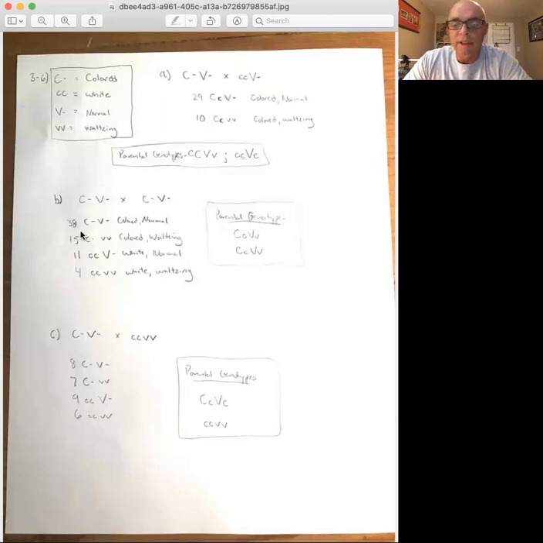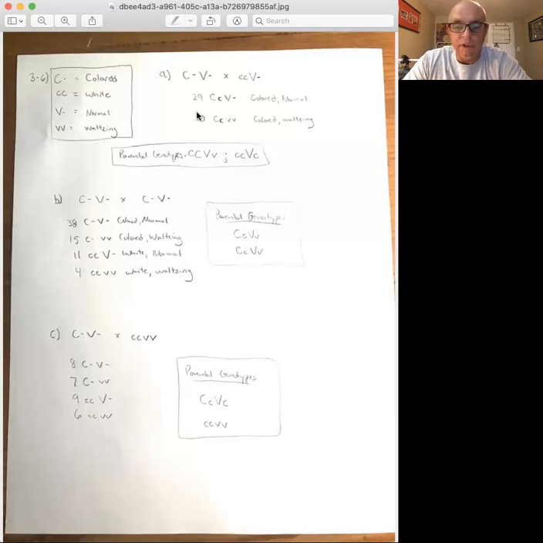What's more is in the numbers, you saw it up here too, but you also see it down here. This is essentially a 9:3:3:1 ratio. A 9:3:3:1 ratio results from a dihybrid cross between 2 individuals that are heterozygous at each of those genes, right?